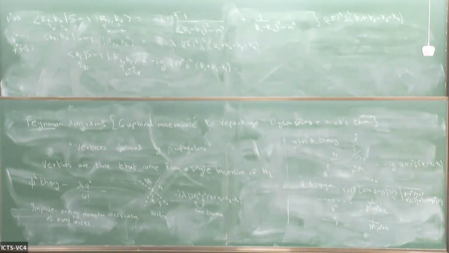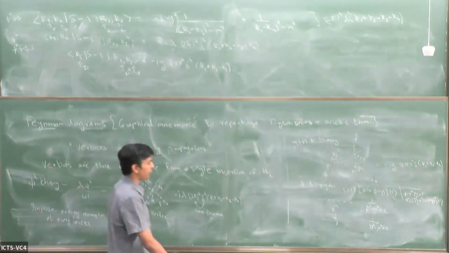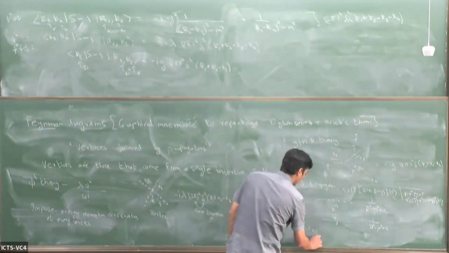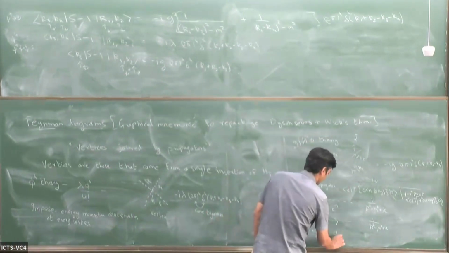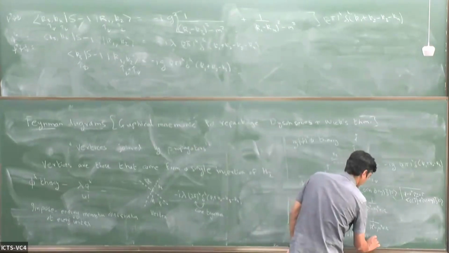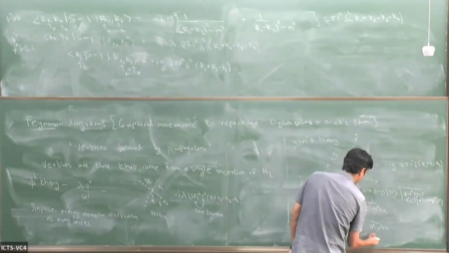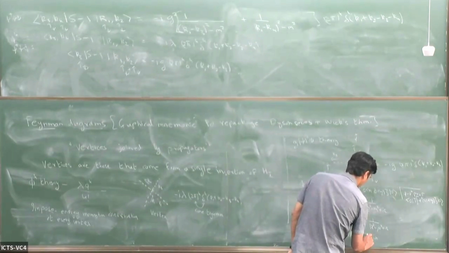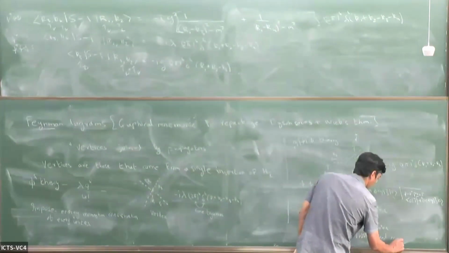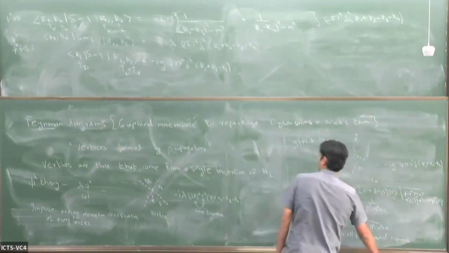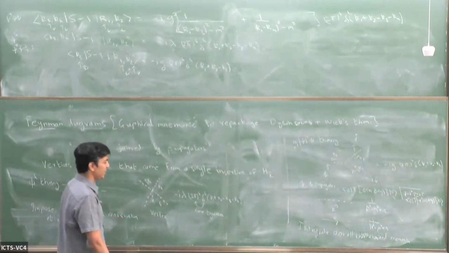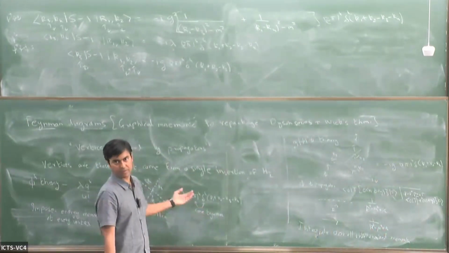The other thing, the last rule, is integrate over all undetermined momenta. So you see, sometimes it will happen that these integrals become trivial, as we'll see in a minute.